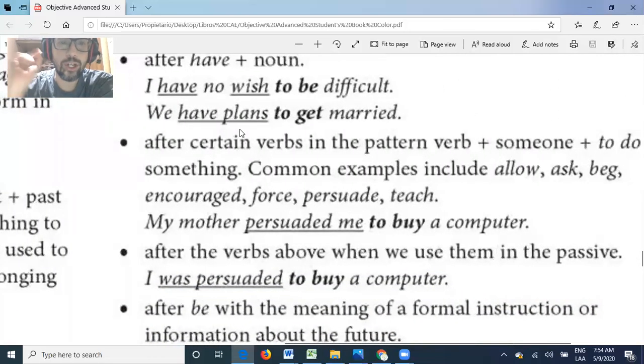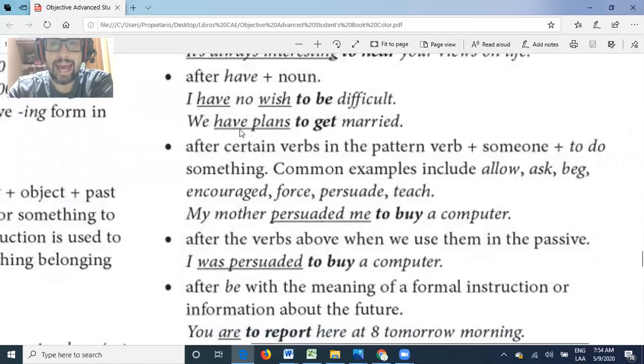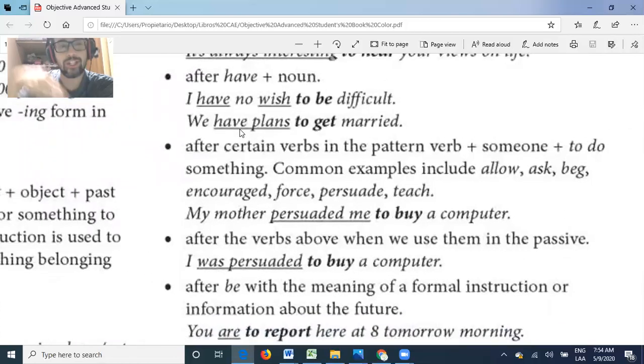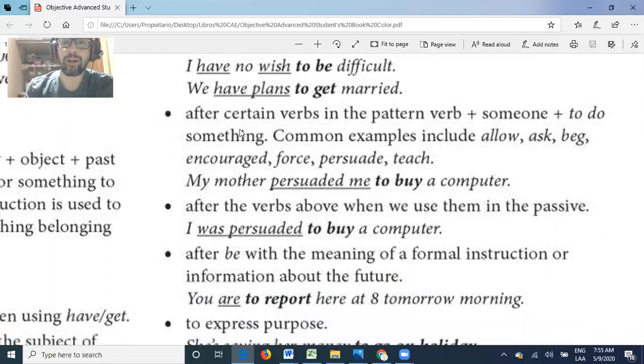Also, after certain verbs in the pattern verb plus someone plus to do something. Common examples include allow, ask, beg, encourage, force, persuade, or teach. So, for example, my mother persuaded someone, who in this case is me, to buy a computer, right?